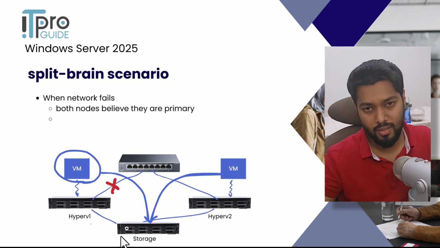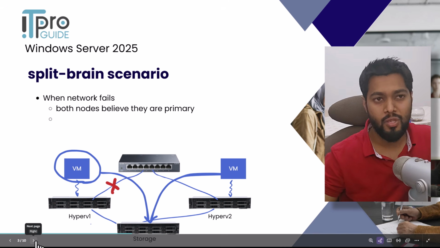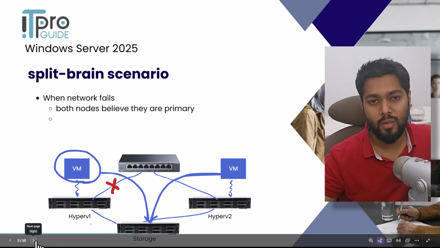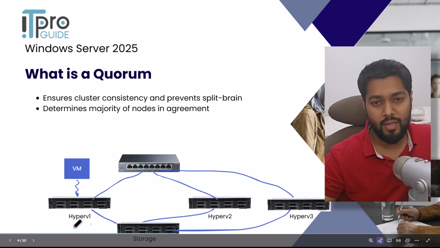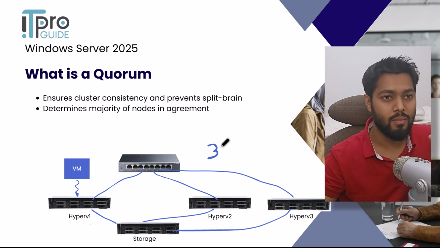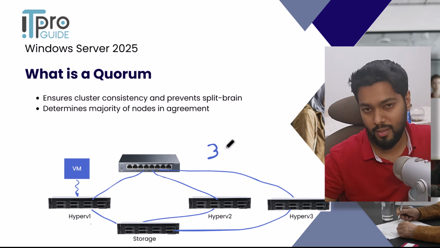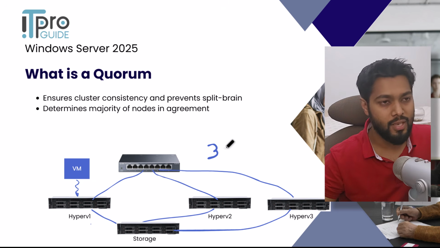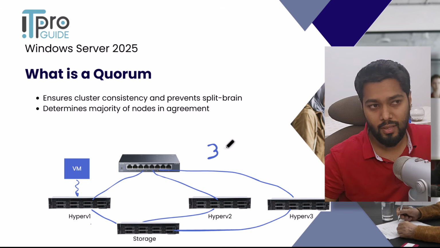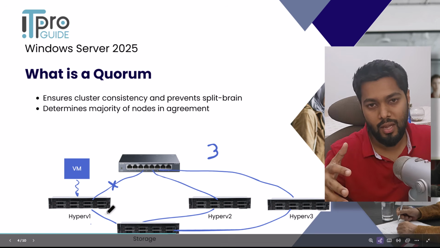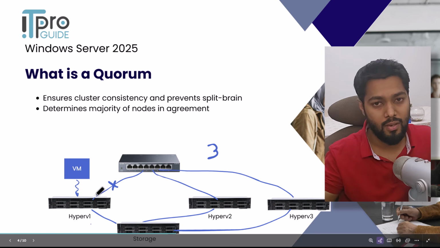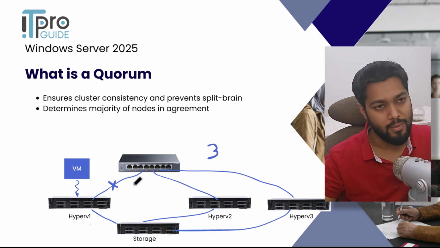To avoid this, we use a majority-based system called the Quorum. Essentially, the cluster nodes take a vote, and the majority determines who has the authority to run the cluster. Let's say you have three nodes. If a failure happens, and Hyper-V1 can only see itself, it doesn't have any communication with the other Hyper-V hosts in that cluster.